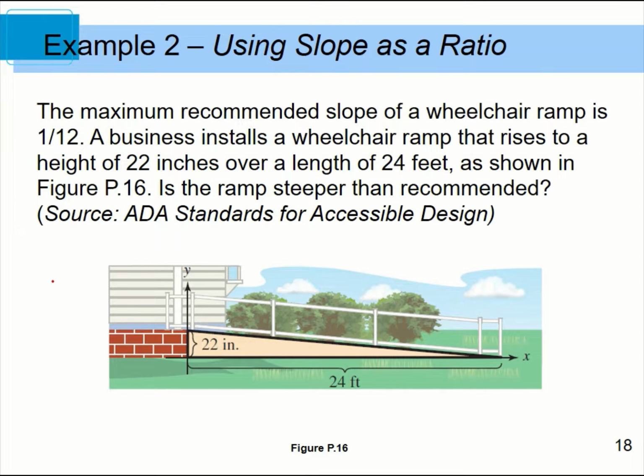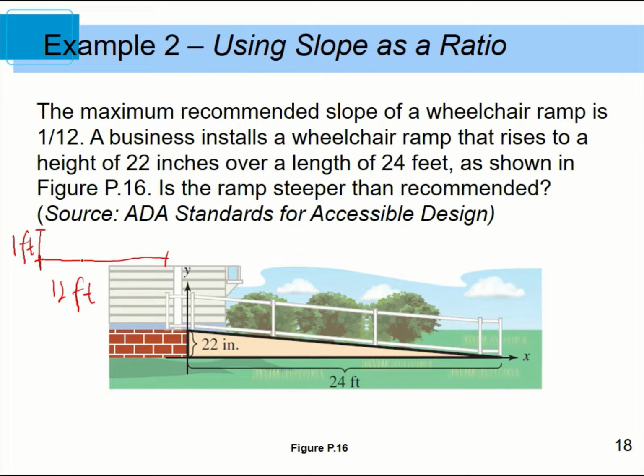It means for a wheelchair ramp, if the horizontal distance is 12 feet, the vertical distance should be 1 foot. So this is easier for the OKU to go up the slope. So this is the ratio.